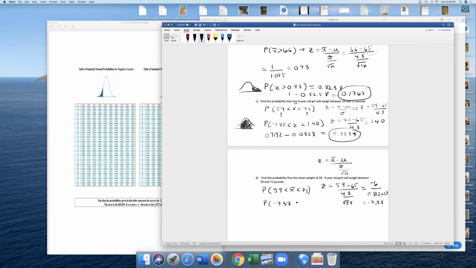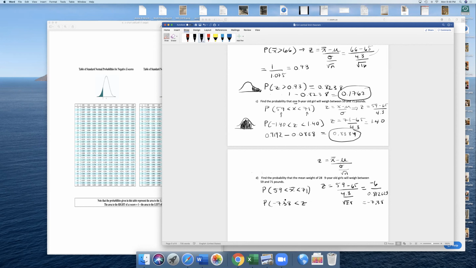Why is this so ridiculously low? Well, think about it. The average 9-year-old weight should hover right around the population mean, which we already know was 65. So the probability that you take 28 girls, add them together, and their mean weight is 59 pounds means that all of these girls have to be super skinny and super small.